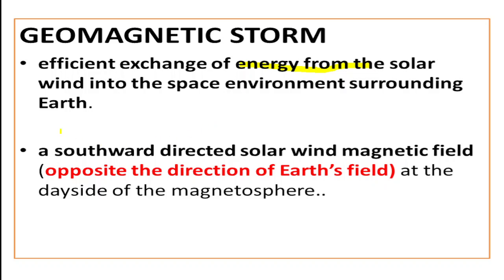It can give rise to a geomagnetic storm, that is a layer: a southward directed solar wind magnetic field, right? Opposite the direction of Earth's field at the day side of the magnetosphere. So this is the condition which is required to make a geomagnetic storm. So they can ask in prelims regarding this condition.